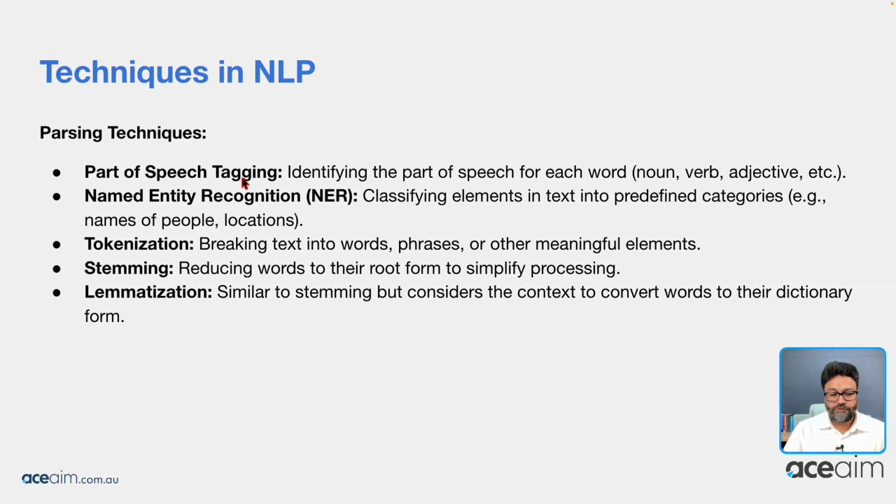For example, part of speech tagging: when you give a sentence, it breaks it down into nouns, verbs, adjectives, adverbs, etc. Similarly, named entity recognition is the process where the algorithm identifies the names of people, the names of places, and similar things in the whole sentence.